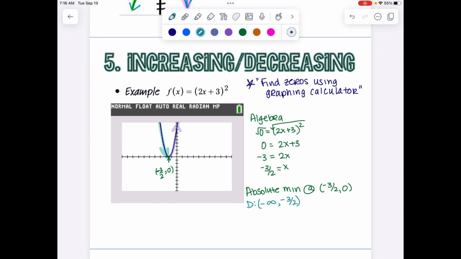Remember that the interval describes the x values. Decreasing talks about the y values. So the y values are decreasing when the x values are from negative infinity to negative 3/2. On the flip side, they are increasing from negative 3/2 to positive infinity.